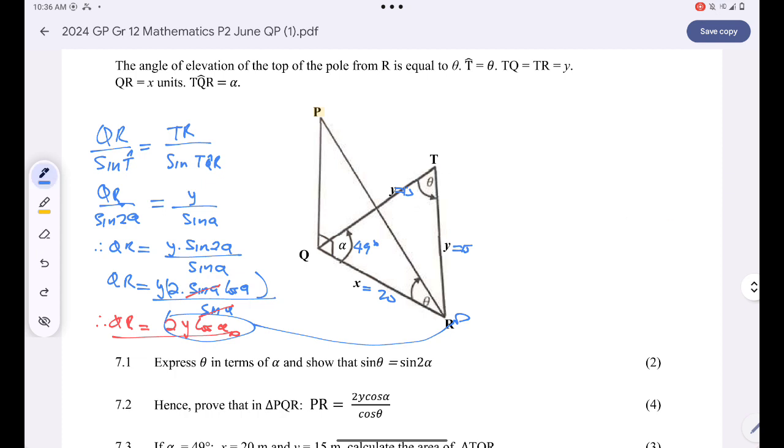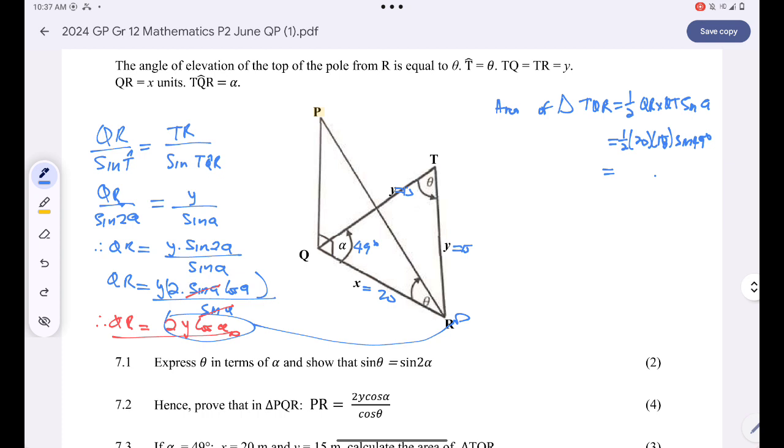It simply says the area of triangle TQR is just half QR multiplied by QT multiplied by the sine of the angle between those lines. That's alpha. That's 1 over 2 multiplied by 20 multiplied by 15 and the sine of 49 degrees. So this will simply give me my area.